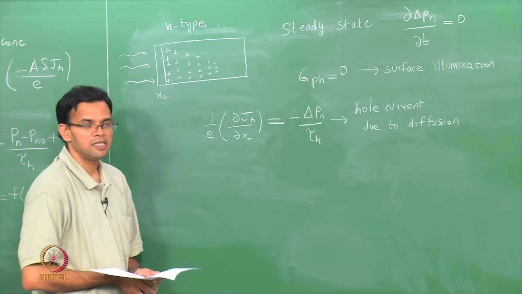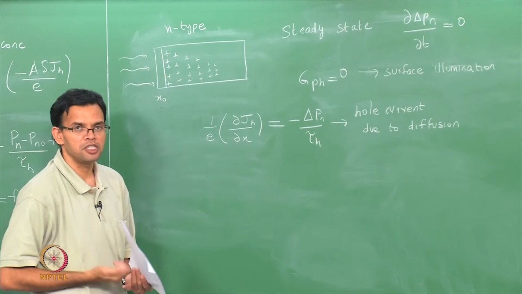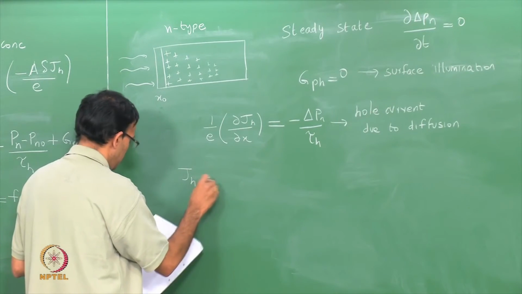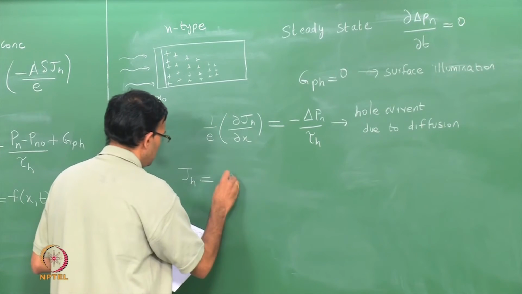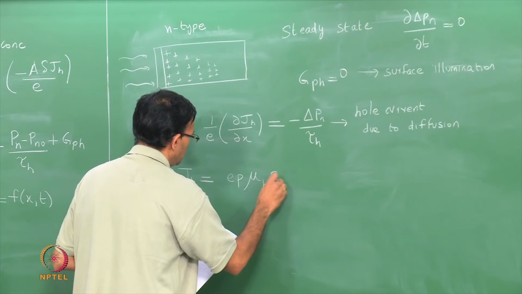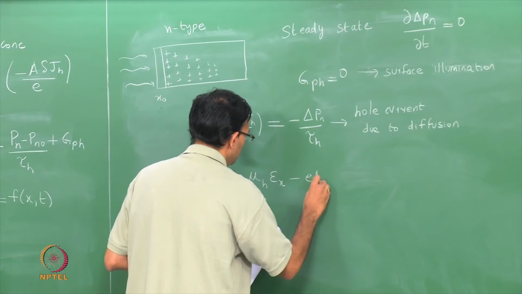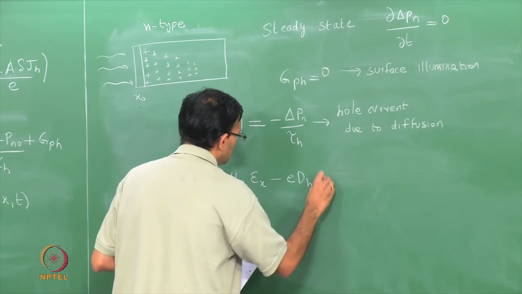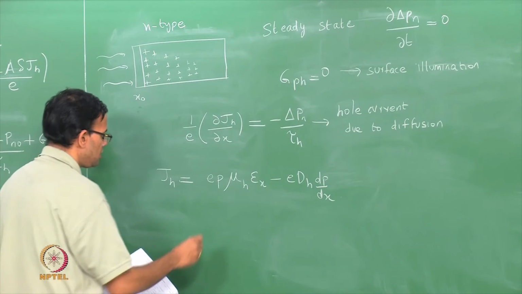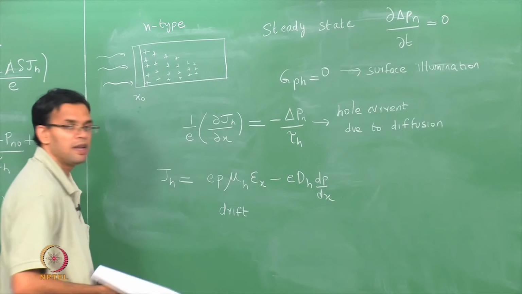There is a generalized equation which relates the hole flux to both diffusion current and drift current. So, the generalized equation Jh is e P mu h epsilon x minus e Dh dP/dx. So, the first term is due to drift of the holes within an electric field.